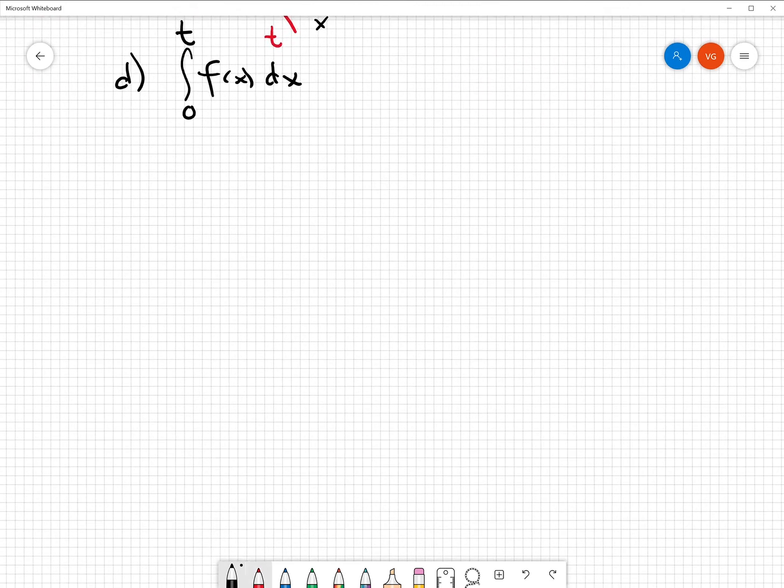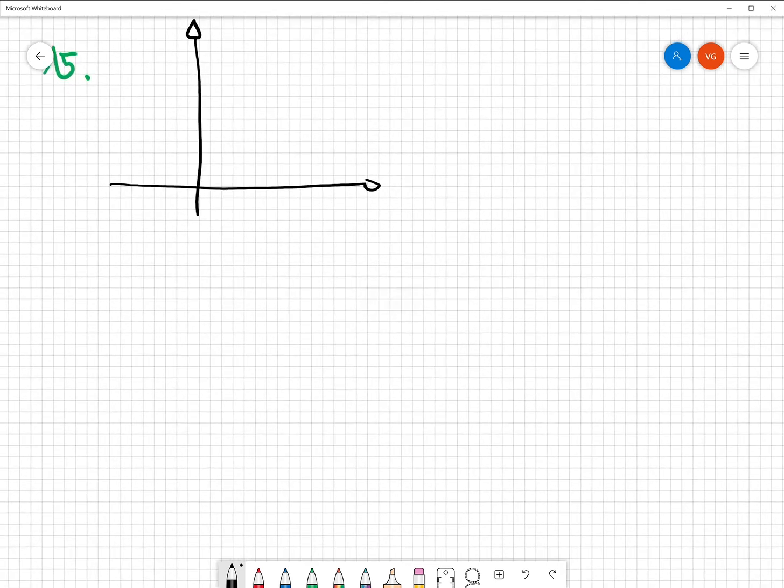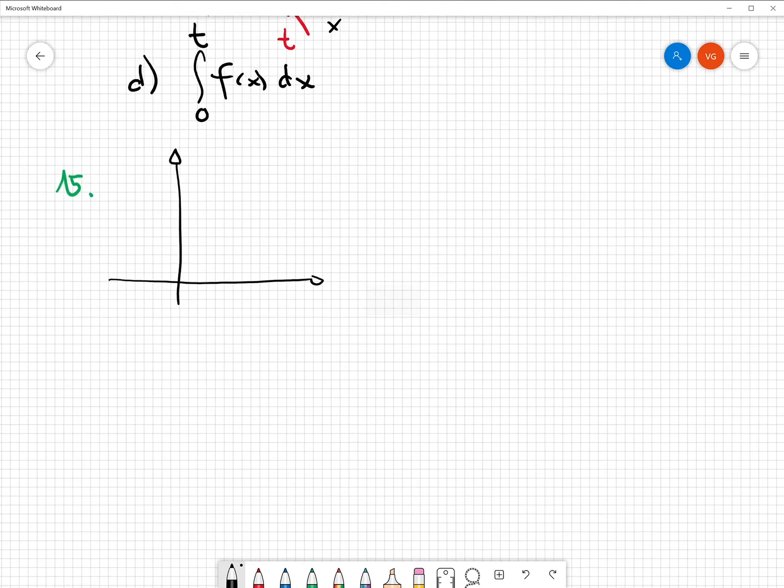In 15 you're given two graphs, and if you plot this, okay, I didn't actually prepare that, but this is going to look like this. This is, oops, that's not what I intended to do. Alright, so this should be what g of x looks like.